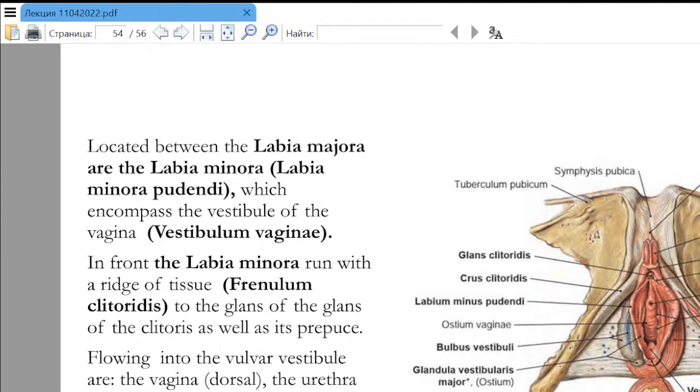Dorsal, urethra dorsal, ventral, then urethra ventral, vagina dorsal.